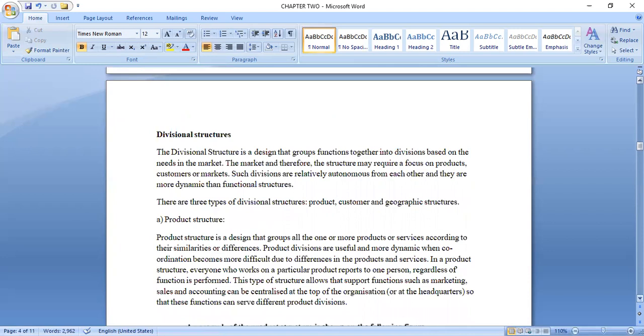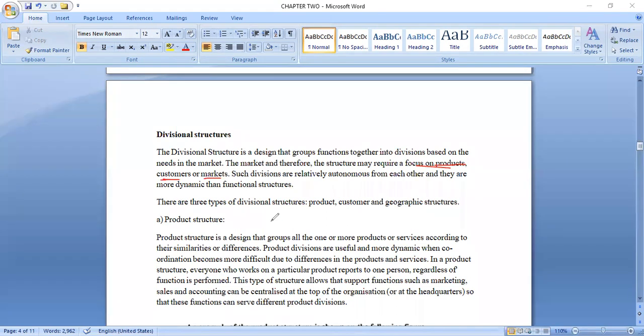Now, for divisional structures, like the name goes, it involves categorizing departments, or categorizing functions, in the perspective of products, in the perspective of customer needs, and in the perspective of markets, or even geographical needs, right?